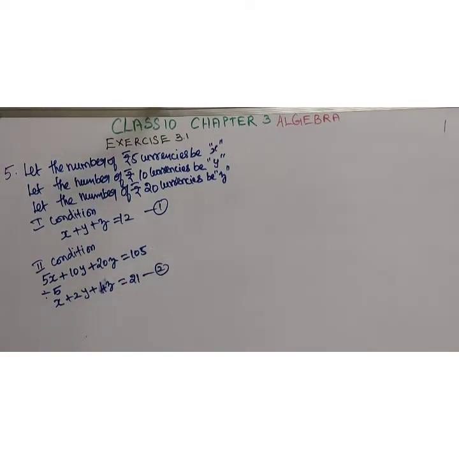Now third condition. By third condition, it is given that when first two sorts are interchanged, so here Y number of 5 rupees coin and X number of 10 rupees coin.